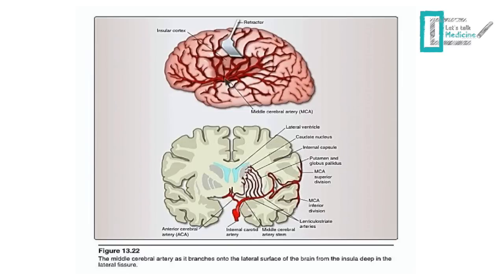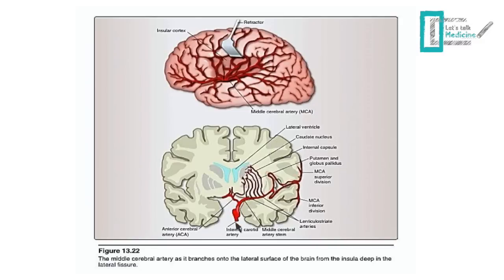When it came out onto the lateral surface, it started giving off branches upwards this way and downwards to supply the whole lateral surface of the brain. It will supply the whole lateral surface of the brain except for the areas supplied by the anterior cerebral artery and the areas supplied by the posterior cerebral artery. So those are the cortical branches.